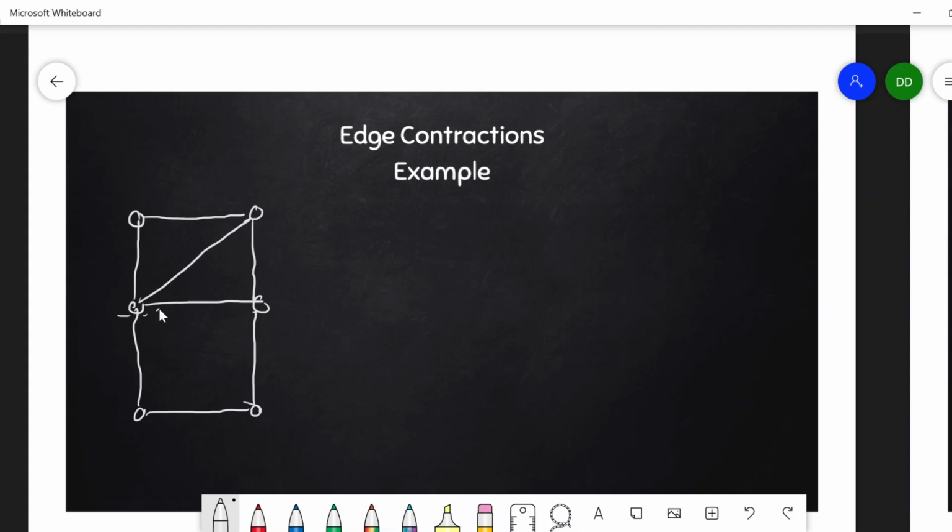So what I mean by that, here I'm going to isolate this edge here. And I'm basically going to take the two vertices and move them on top of each other. I'm going to keep each of the adjacencies between the two vertices, so the vertices adjacent to this one are still going to be adjacent now to this new one.